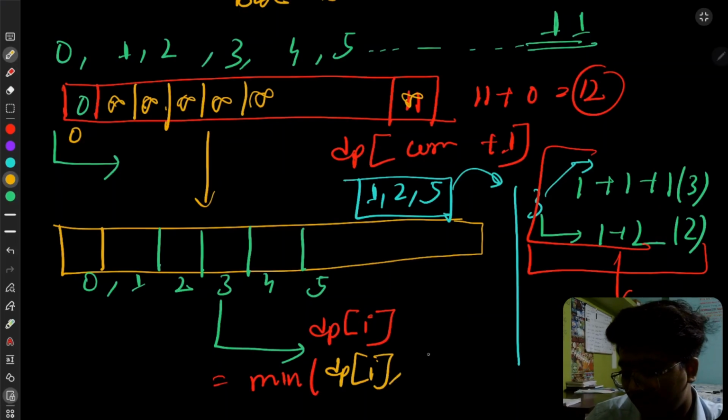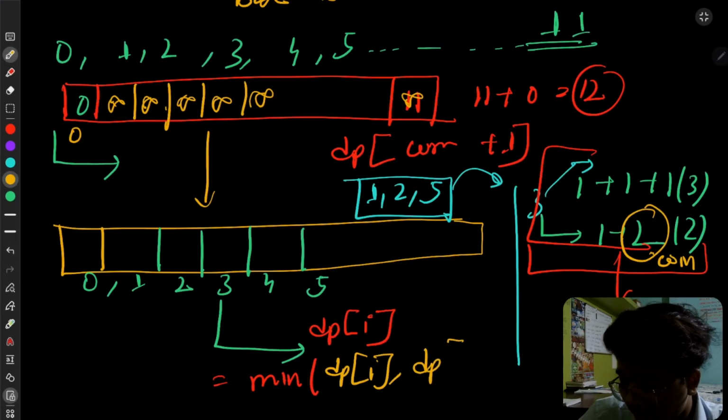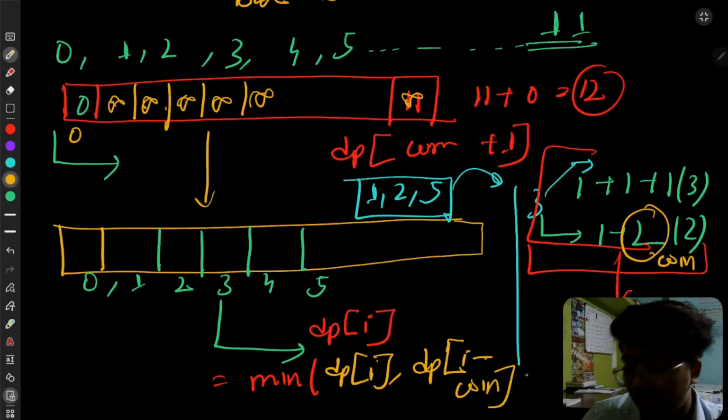If we include this coin 2, this is our current coin, we subtract that value, DP of i minus coin, and then add plus 1, because we are currently using 1 coin.